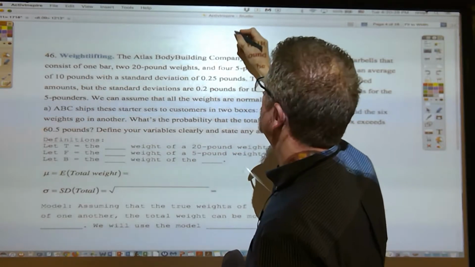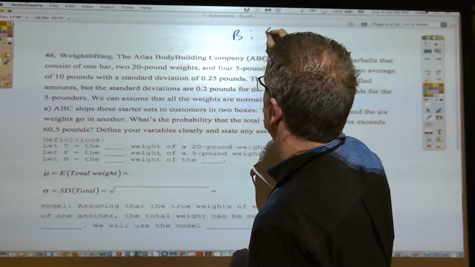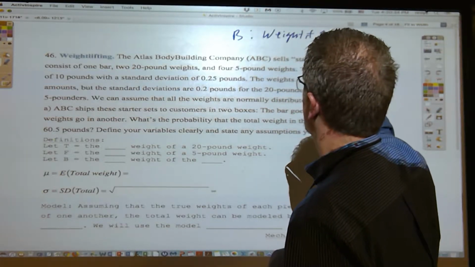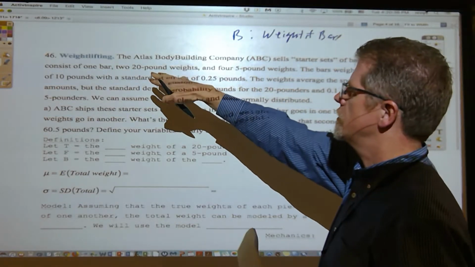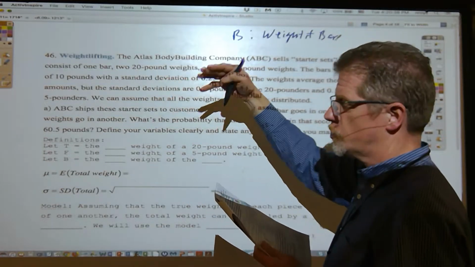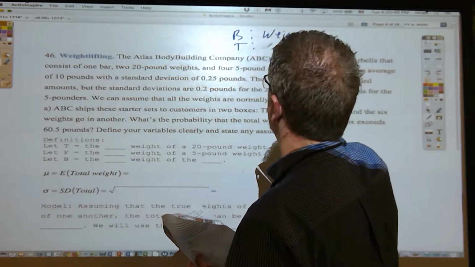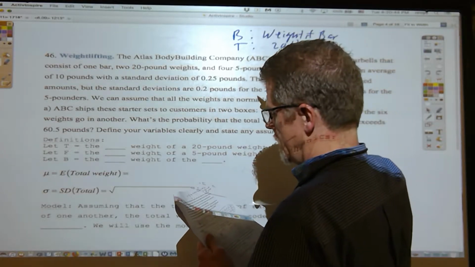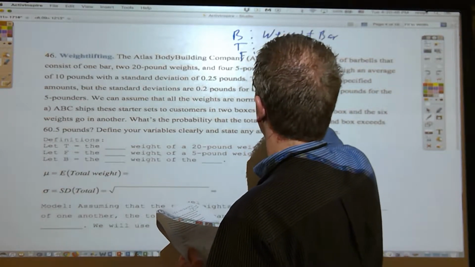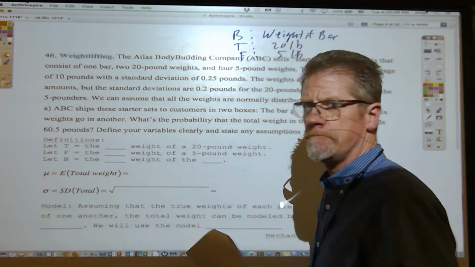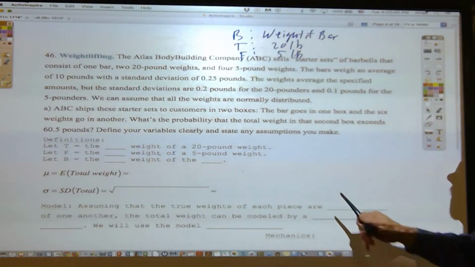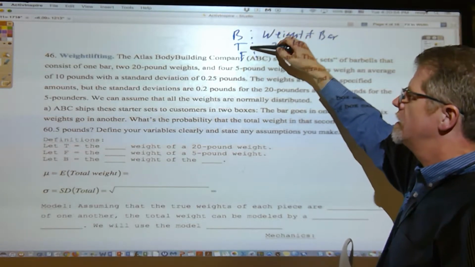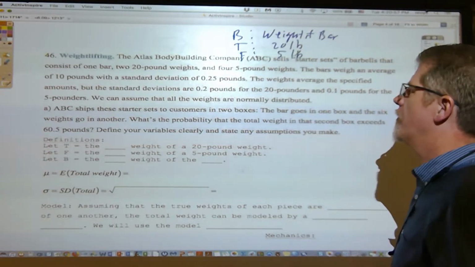So we'll let B represent the weight of the bar. 20 begins with a T, so T for the 20-pound weight. And let's use F for the 5-pound weight. Okay? Bar B, 20-pound weights T, 5-pound weights F.